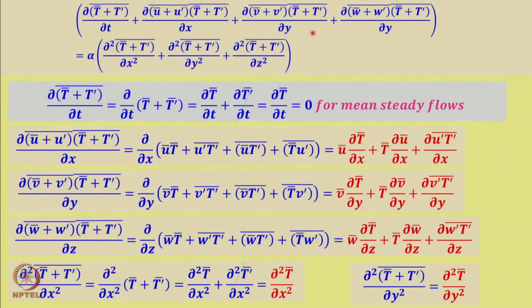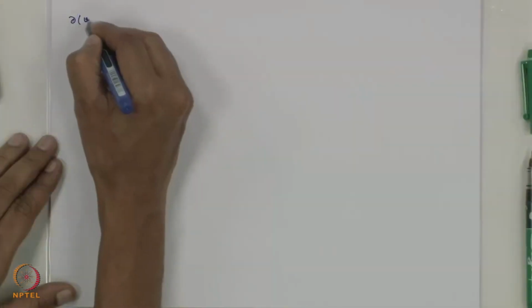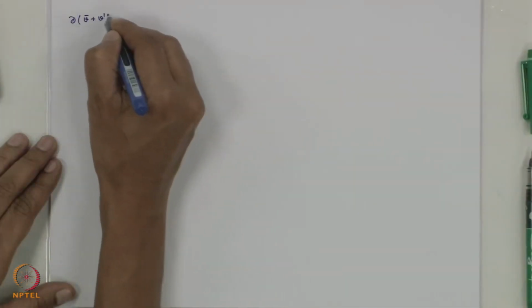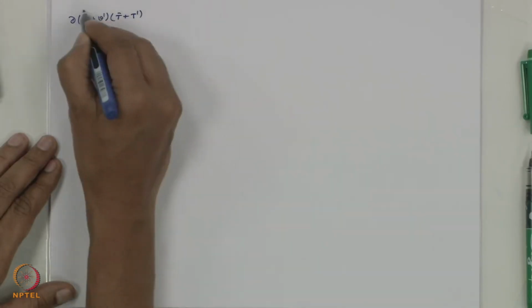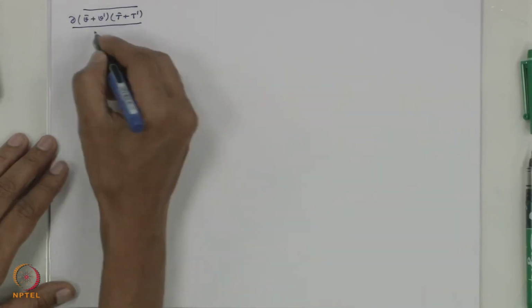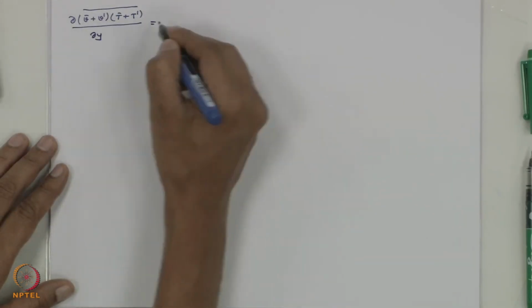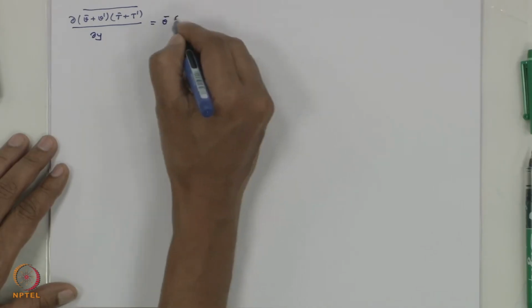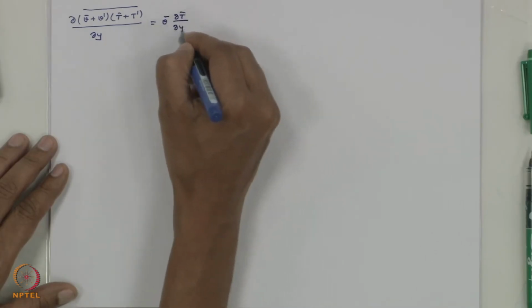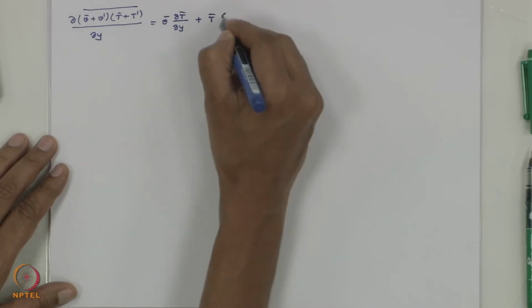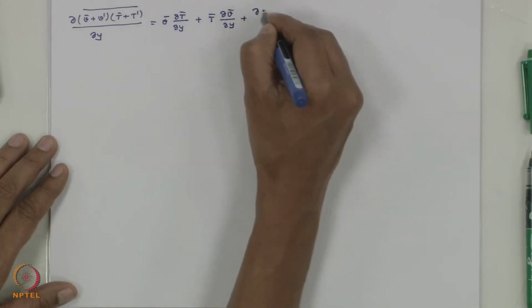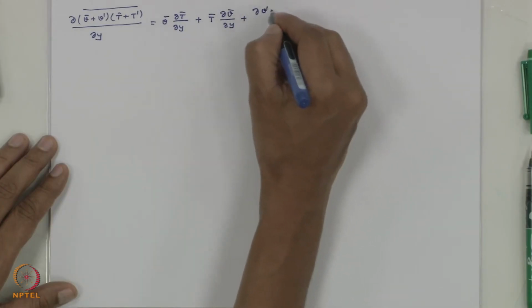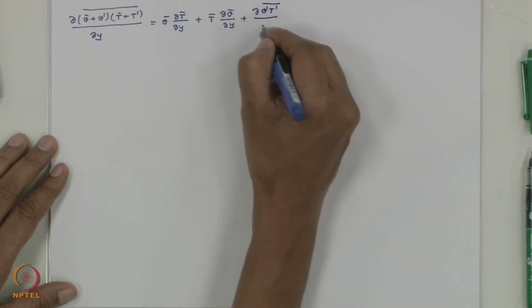Third term I can directly write: ∂((v̄+v')(T̄+t'))bar/∂y is equal to v̄ ∂T̄/∂y + T̄ ∂v̄/∂y + ∂(v't')bar/∂y.